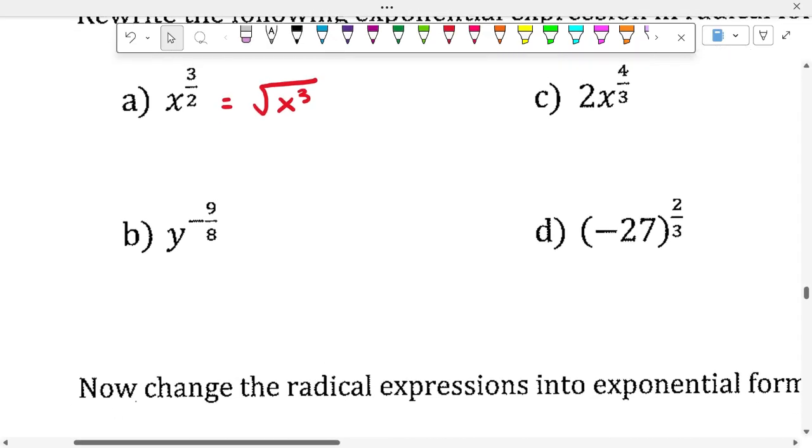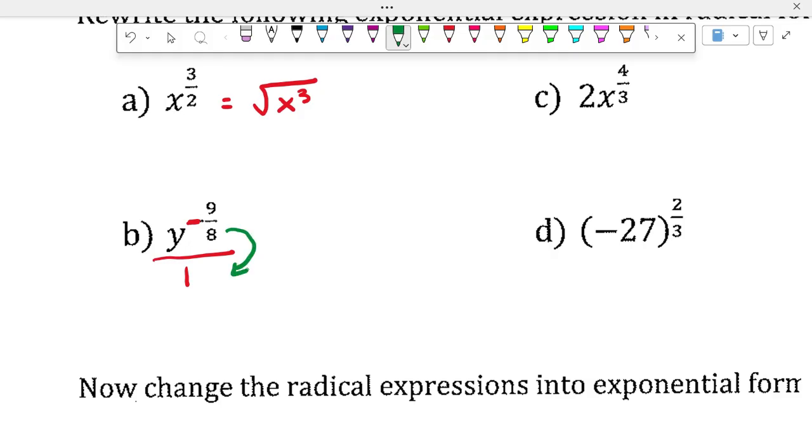Now, be careful with b. So it's hard to see, but there is a negative here. So before I can even do anything, what do I need to do first? Before I can change it to a radical, what should I probably do first so I don't have a negative exponent? What do we do with negative exponents? We move them. So this would be 1 over y to the 9/8.